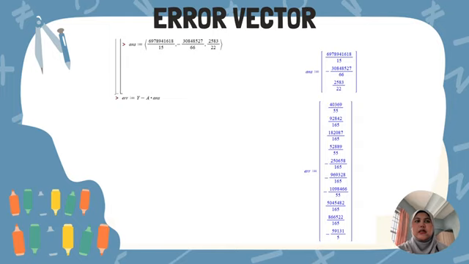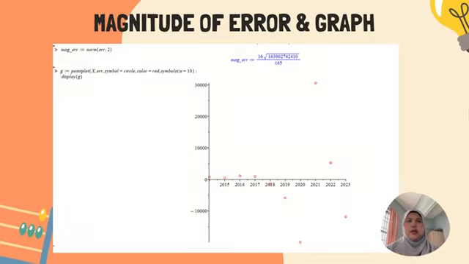The error vector is defined as the difference between the observed data y and the predicted value a dot n. The Maple command for this calculation is err equals y minus a dot n, and the resulting error vector is shown below it.